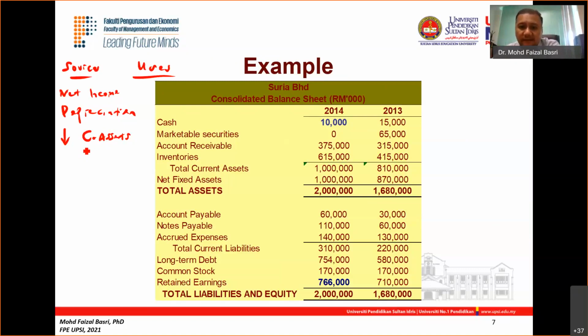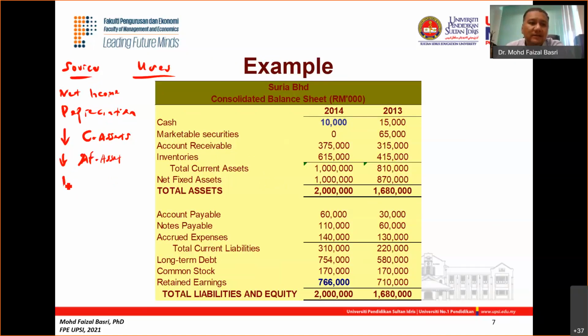Next, the reduction in terms of fixed assets will be part of sources as well.